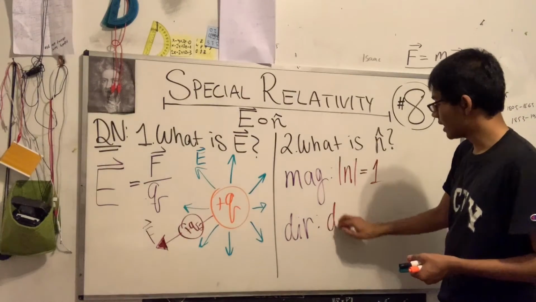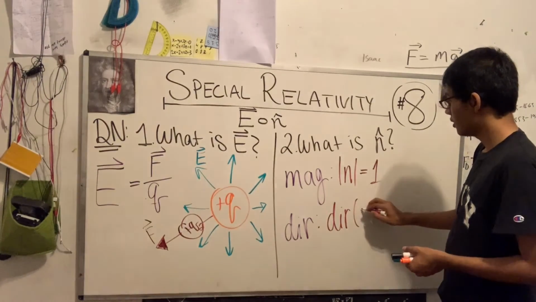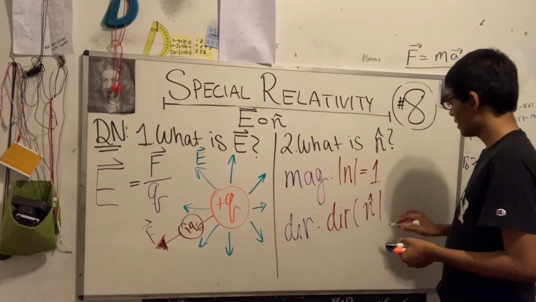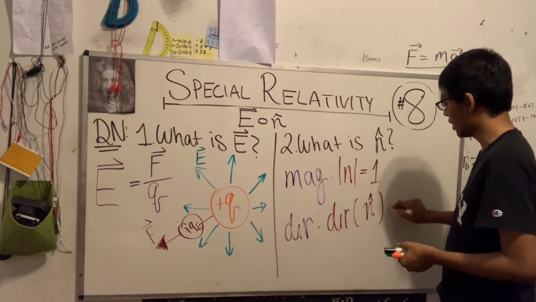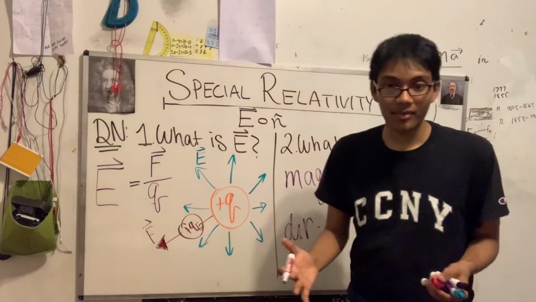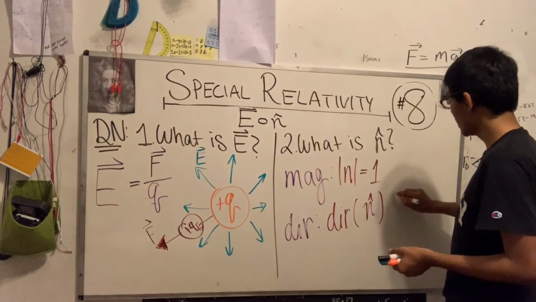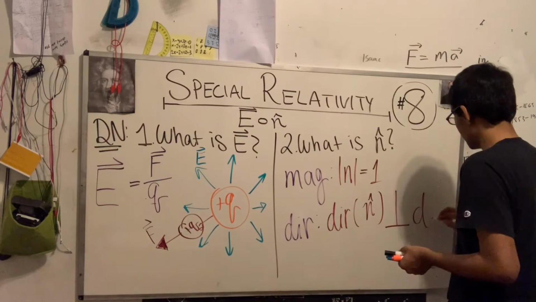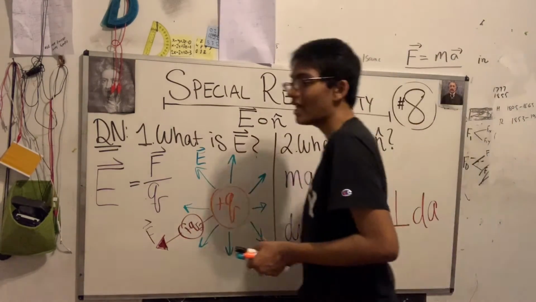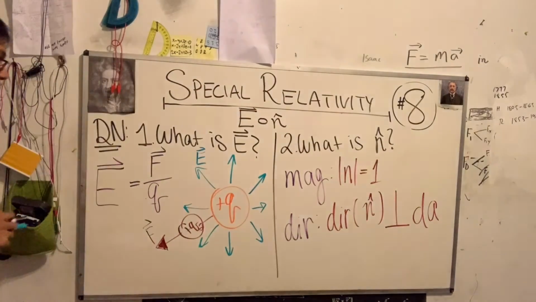And the direction of n hat we can denote as dir(n hat). And the direction of n hat is going to be what? Well, n hat, remember, is going to be perpendicular to whatever infinitesimally small area we're considering. So I like to write it as dir(n hat) is perpendicular to dA.